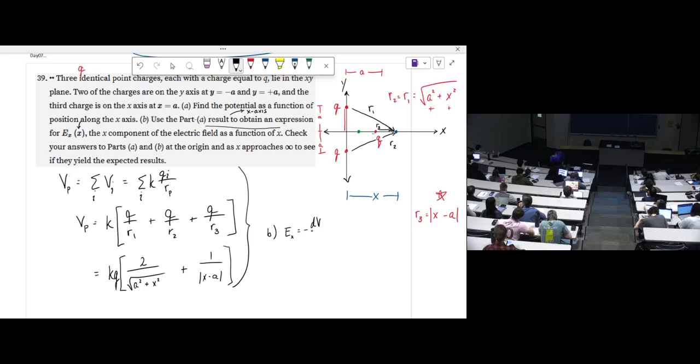minus dV/dx. And so if you end up going through this, you have to take the chain rule on this, considering that it's raised to the power 1/2.